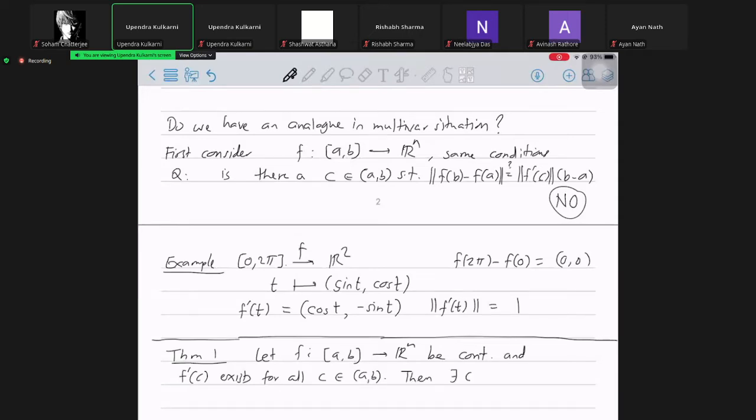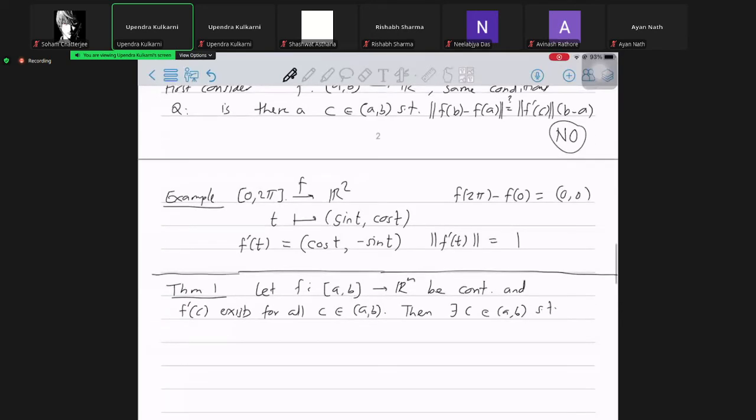Then there exists c in the open interval (a, b) such that exactly the same thing: the norm of f of b minus f of a is less than or equal to b minus a times the norm of f prime c.